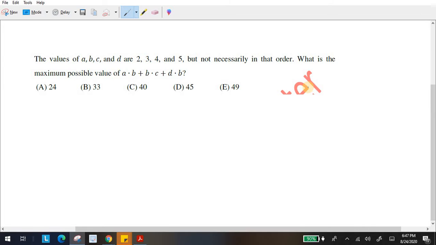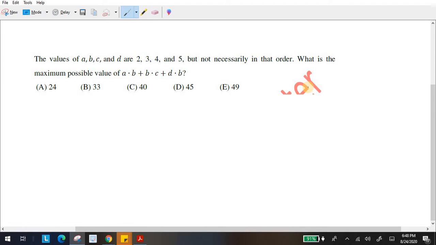So we want to maximize the value of B. So we have A times 5 plus 5 times C plus 5 times D. After that, it doesn't matter what A, C, and D are because they come up the same number of times. So we can input 4, 3, 2. 4 gives 20, 3 gives 15, and 2 gives 10, and we get 45.